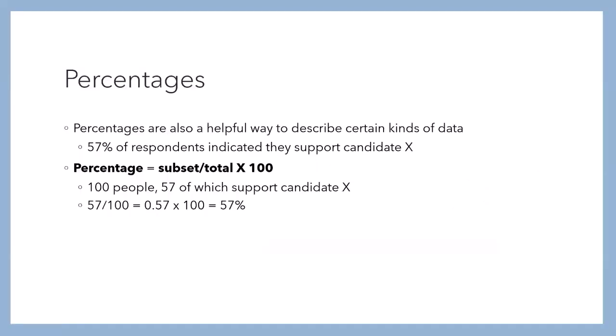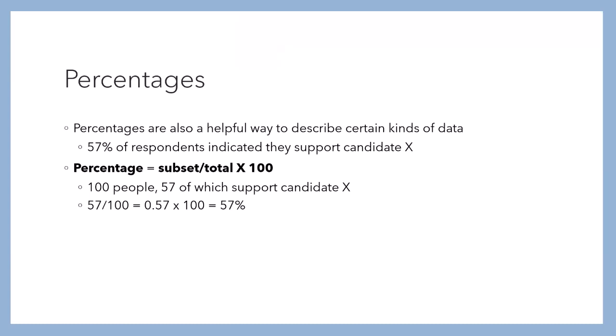And then we have percentages, which are also a helpful way to describe certain kinds of data. So 50% of respondents indicated that they support candidate X. That's a percentage. And percentages are quite easy to calculate. It's just the subset that you're interested in, the subgroup, the portion of the data that endorses a certain response, anything like that, divided by the total number of all your participants, and then multiply that by 100.